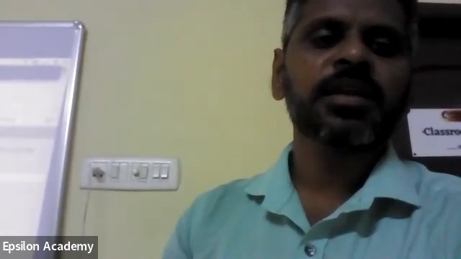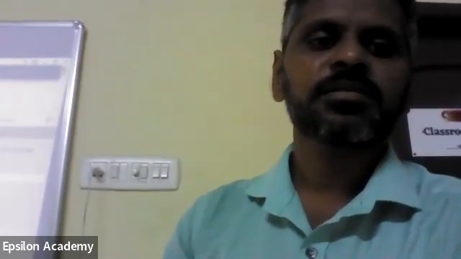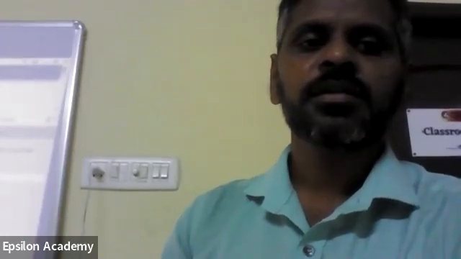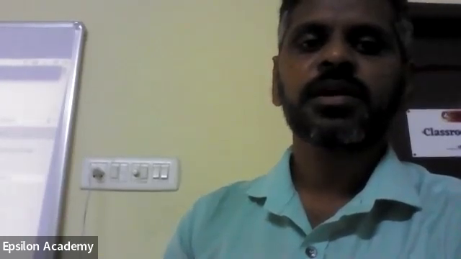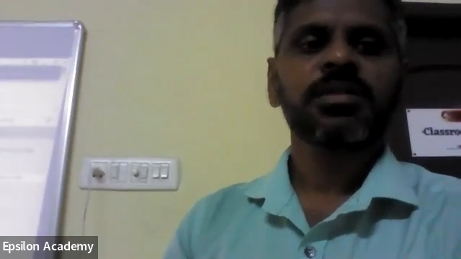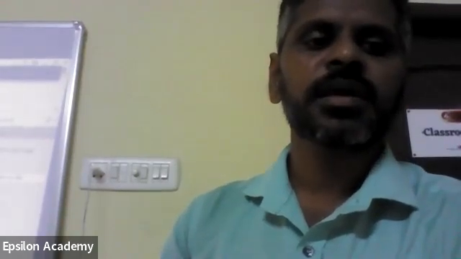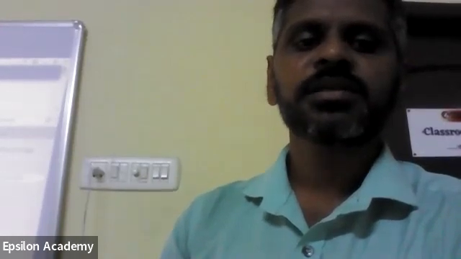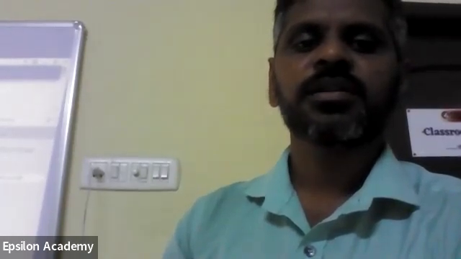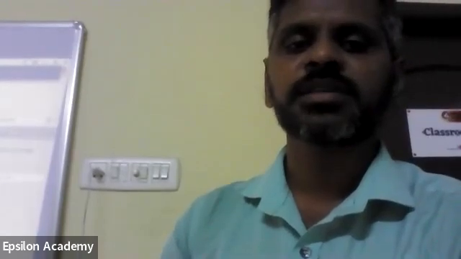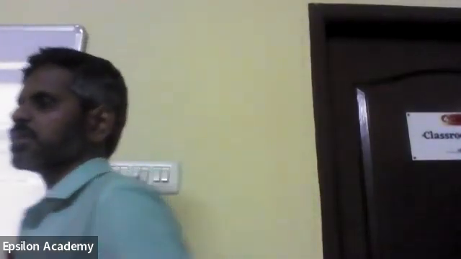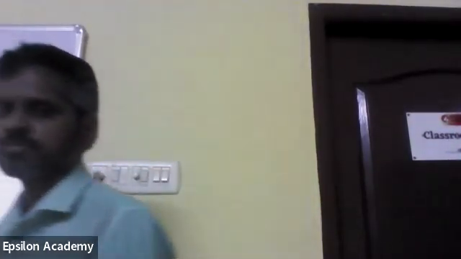Sin 36 can be written as 2 sin 18 cos 18, correct? Cos 36 can be written as cos square 18 minus sin square 18. Substitute the values and identify what answers you are getting. Please, quickly. I need sin 36 and cos 36. Substitute the values and let me know.